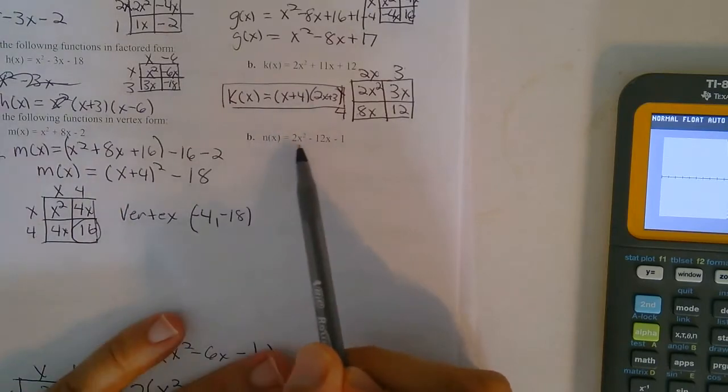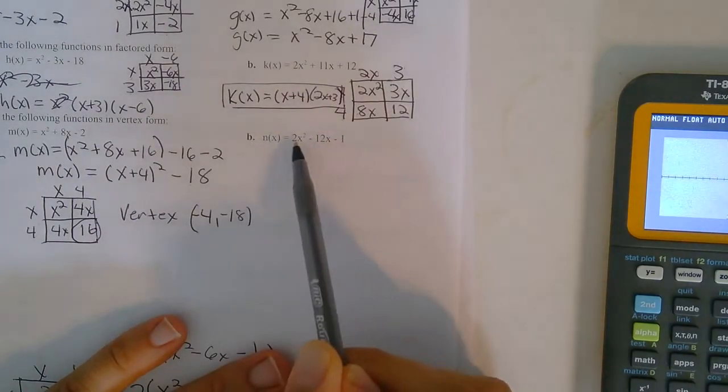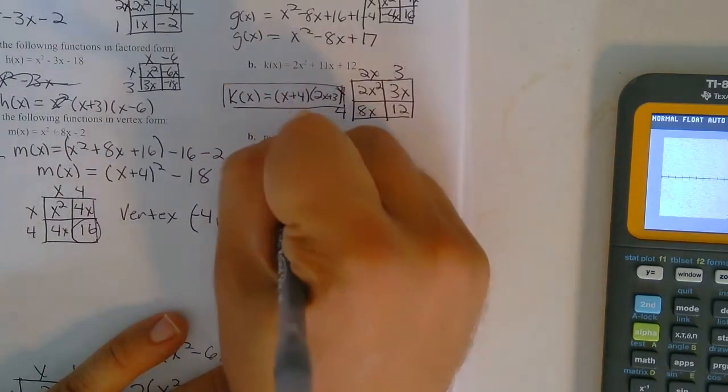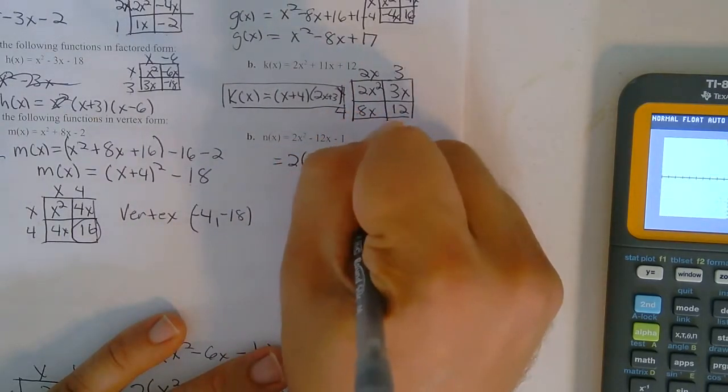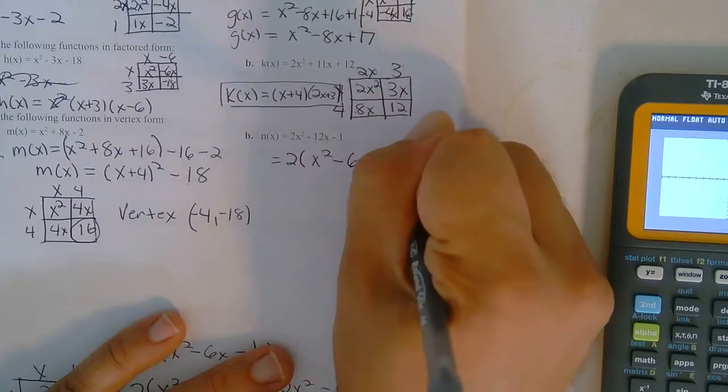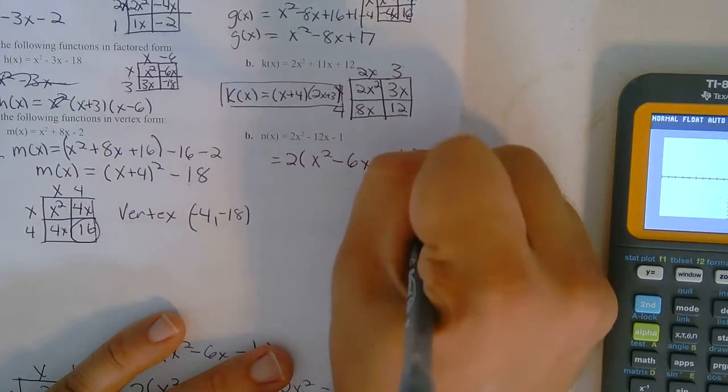So in order to do this one, what I need to do is factor 2 out of the expression. So this is going to become 2 times x squared minus 6x minus 1/2.